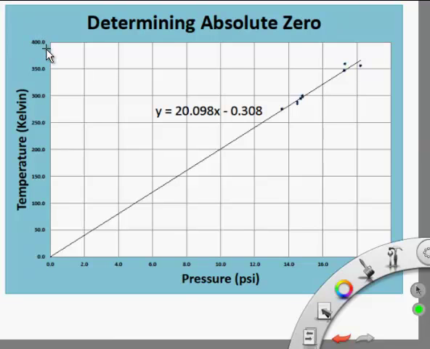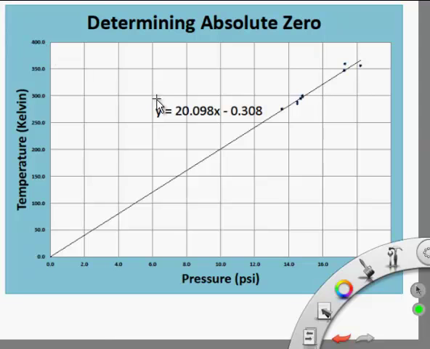Now we're going to review the graphing portion of the final exam. We'll take a look at the determining absolute zero graph. This was constructed straight from data collected during class. We had the metal sphere and a pressure gauge attached to that metal sphere. In addition, we had a hot water bath set up and also a bucket of ice water set up.